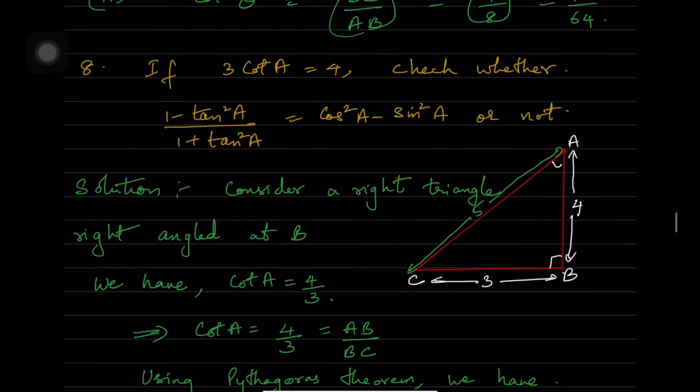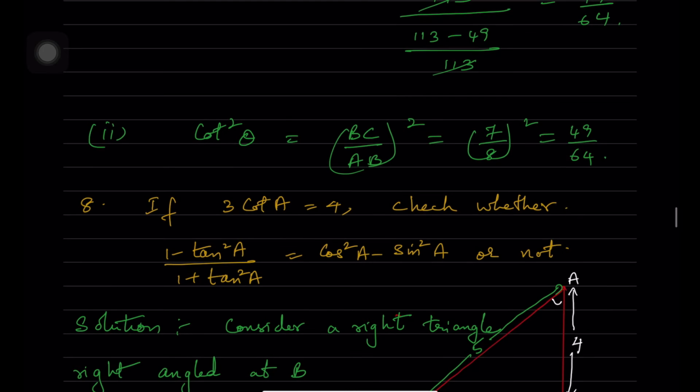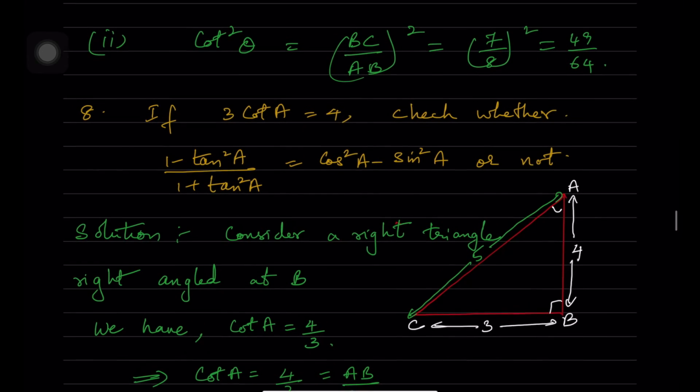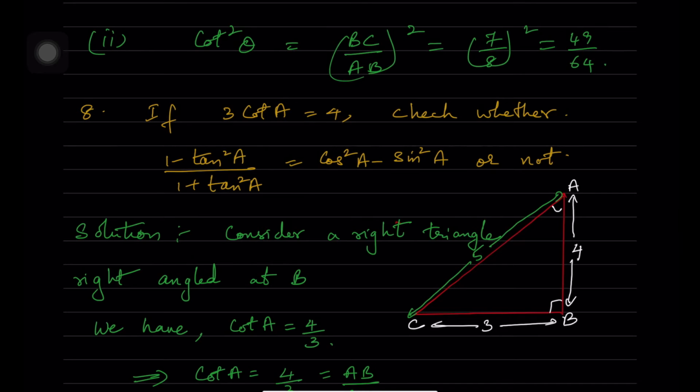Next, the eighth one. If 3 cot A is equal to 4, check whether 1 minus tan square A by 1 plus tan square A is equal to cos square A minus sin square A or not. Consider right triangle, right angle at B. We have cot A is equal to 4 by 3.